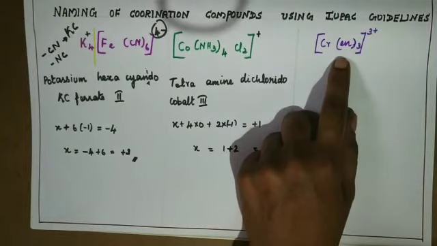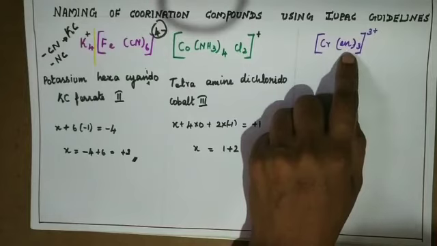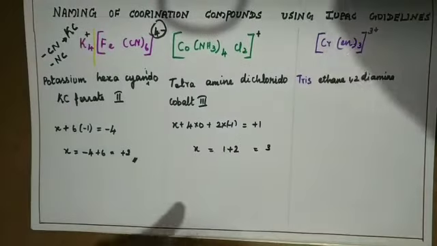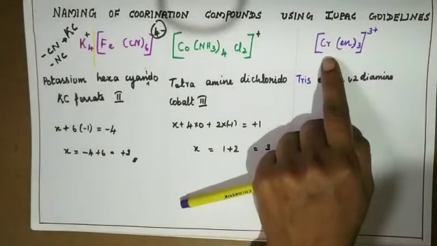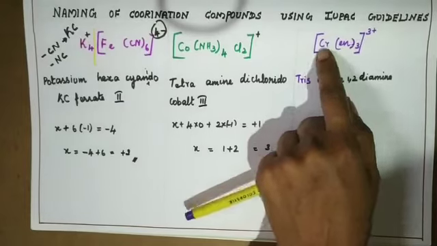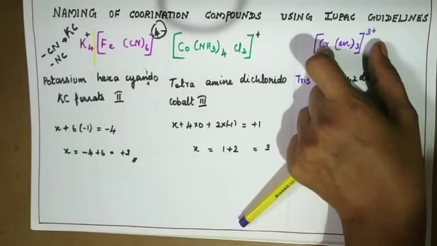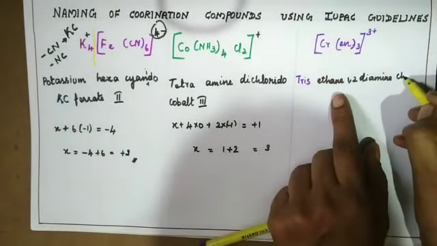Do you remember? Yes. Here there are 3 en, therefore we use tris(ethane-1,2-diamine). Then the next preference goes to the central metal ion, chromium, present in a cationic complex, so we write chromium.